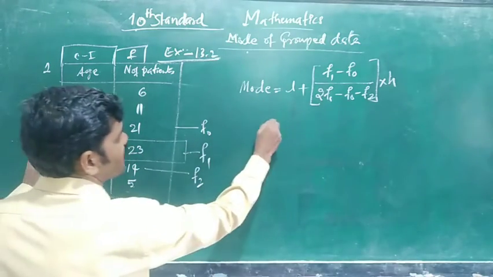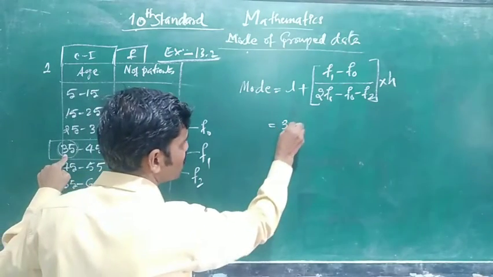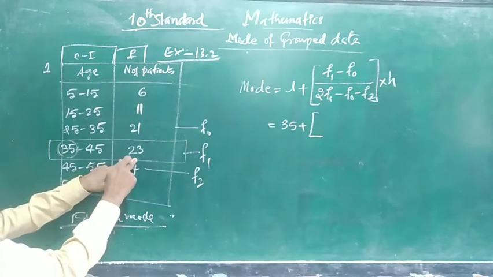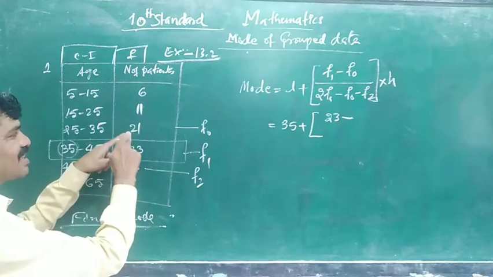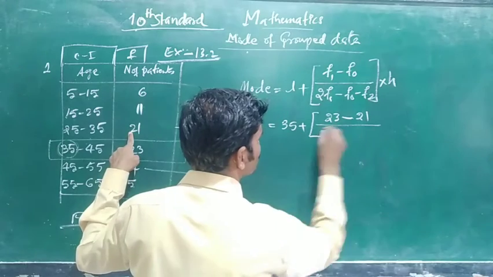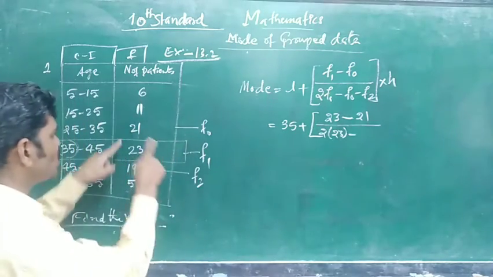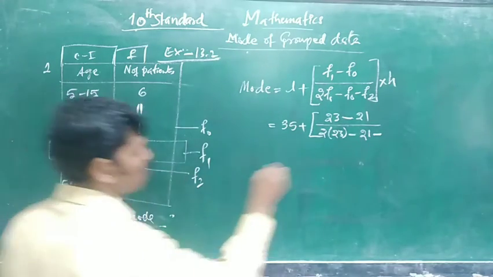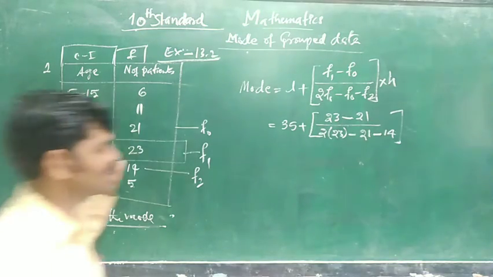So lower limit of the model class, that is 35. F1, that is frequency of the model class, that is 23. Preceding number of the model class, F0, that is 21. 2 into F1, that is 23, minus F0, that is 21, minus F2, that is 14. Size of the class interval, that is 10.